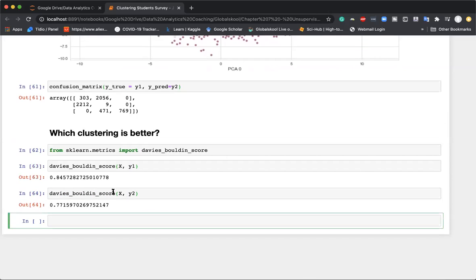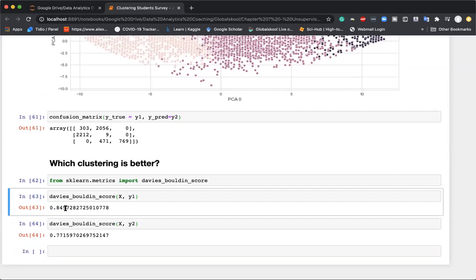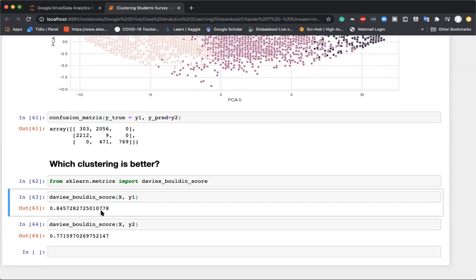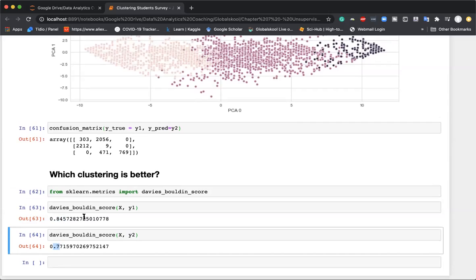Between the two, we can see that the Davies-Bouldin score for k-means is higher, around 0.84, and the score for agglomerative is less, which is 0.77. So we get some idea that probably the k-means clustering is better than this one, at least in terms of intra-cluster distances and inter-cluster distances.